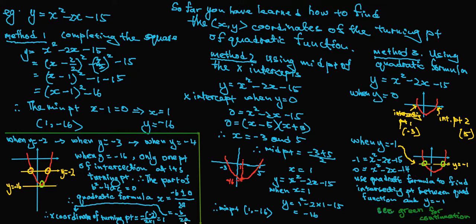As long as you look at the quadratic function, a is 1 here, and b is this value. So you just take this value and substitute into minus b over 2a. That's it. You will get the x coordinate of the turning point.